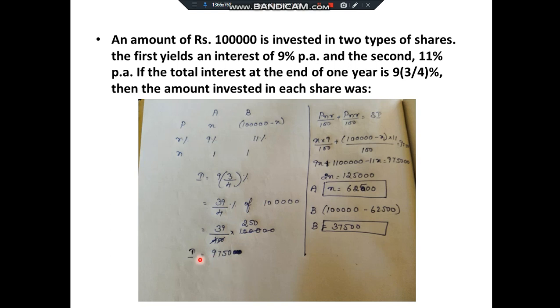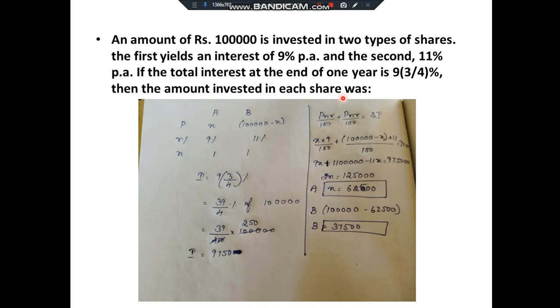Okay, so we know the total interest and two rates of interest and the number of years. So we can easily calculate, right? Here the number of years is 1 year, right? So just substitute PNR by 100 plus PNR by 100, which is equal to simple interest. Here our question is, we will have to find both the shares. Okay, how much amount, that is the principal of both the shares, we will find.